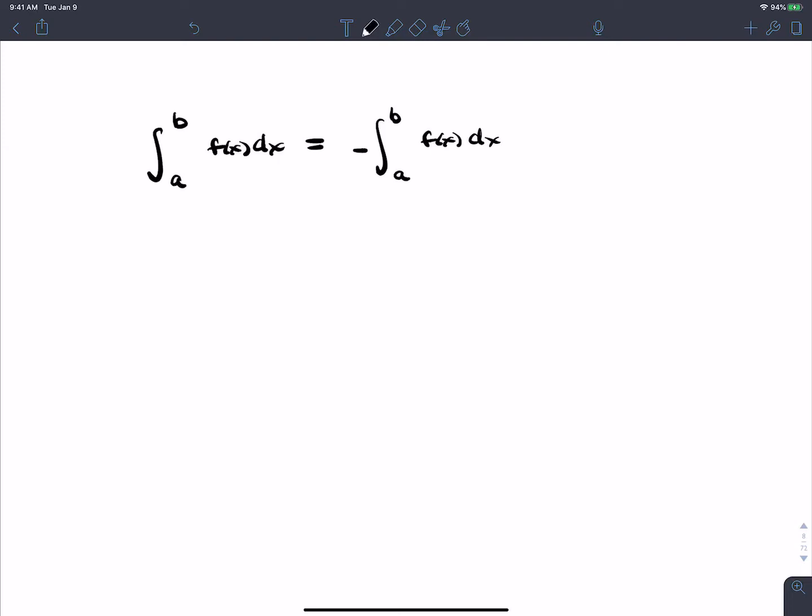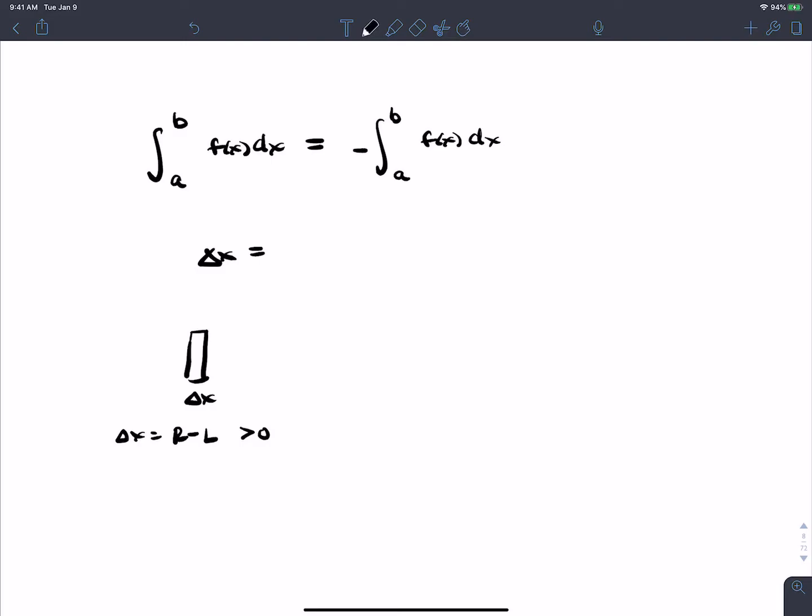Now, again, people kind of look at this and say, well, where does that come from? Remember this delta x we found, the width of our approximating rectangle? That is always going to be the right endpoint value minus the left endpoint value. And that's going to assure that that delta x was positive.